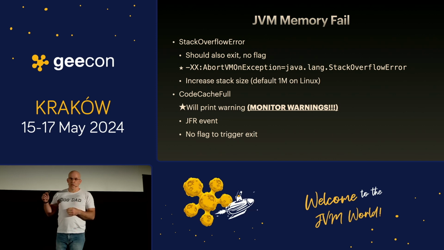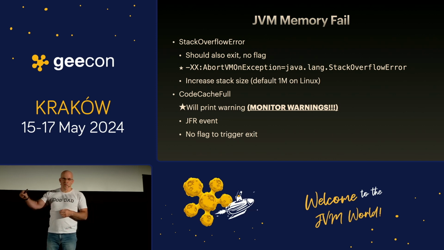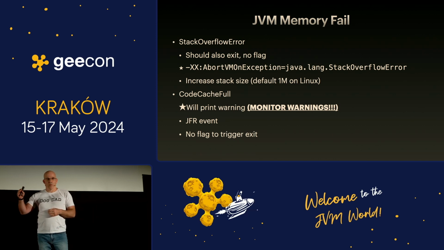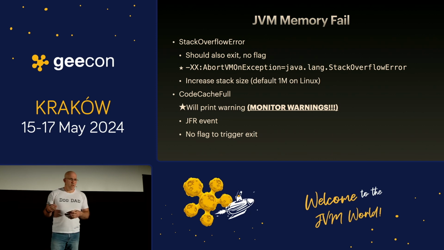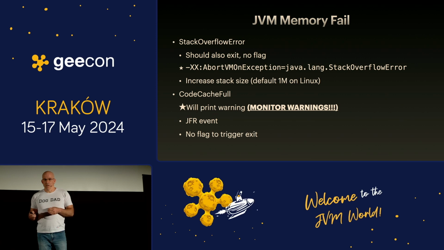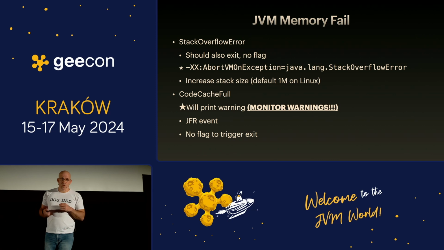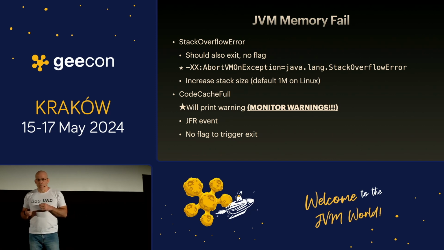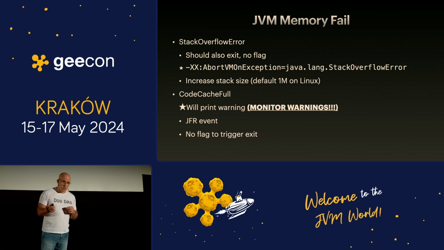So it's very worthwhile. You can split them into another file and really monitor that one. If you have more than 0 JVM warnings, you probably need to look into it. There is a JFR event for code cache full, so you can try to collect and monitor that. If you have a way to automatically monitor your JFRs, that might be a solution for you.